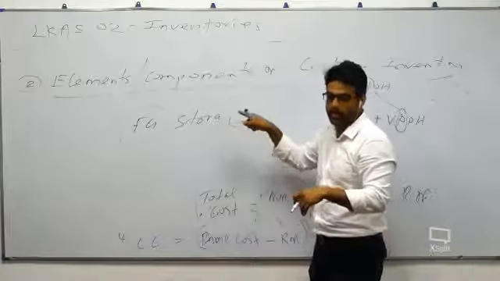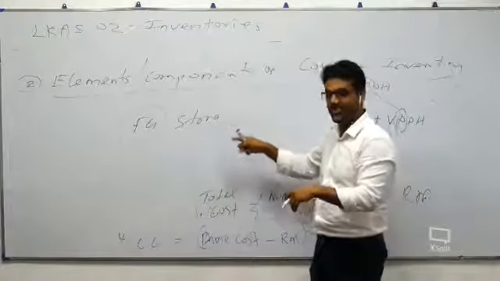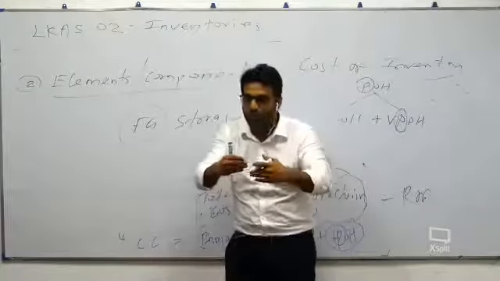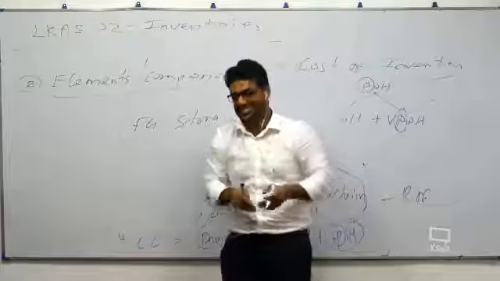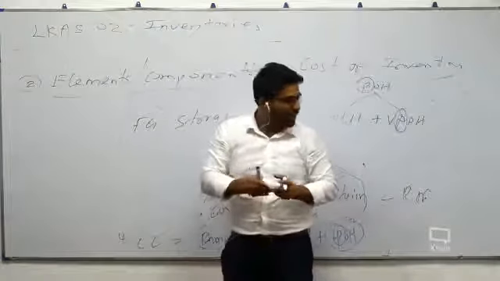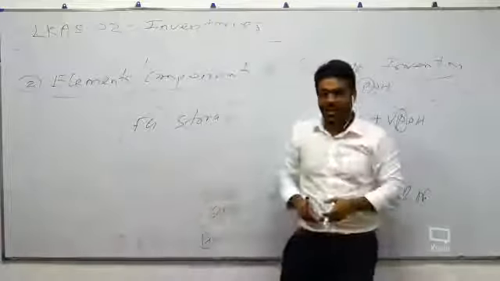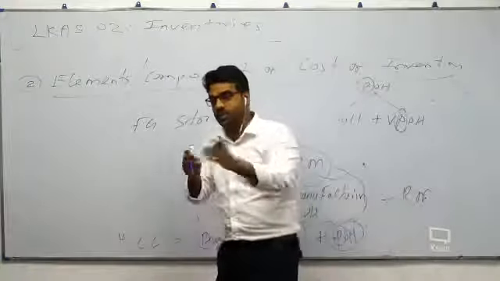That storage expense is never included in the cost of finished goods. Cost of finished goods means the cost for you to produce the goods, not after the production. After the production, how can that be a production cost? After the production, how can that be a cost of inventory?